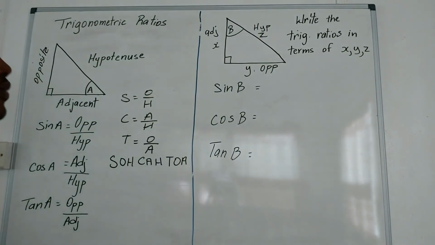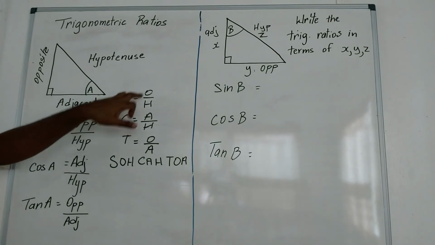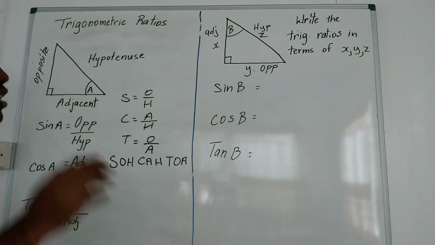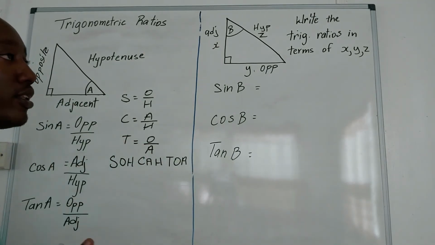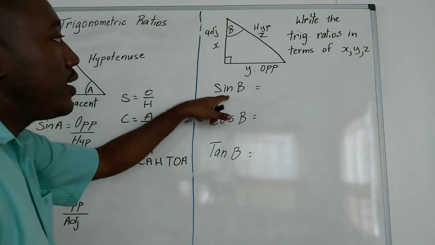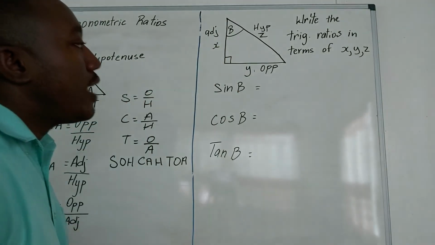So sine B, remember, is equal to the opposite over the hypotenuse. Sorry, I said adjacent at first, but sine is equal to the opposite over the hypotenuse.